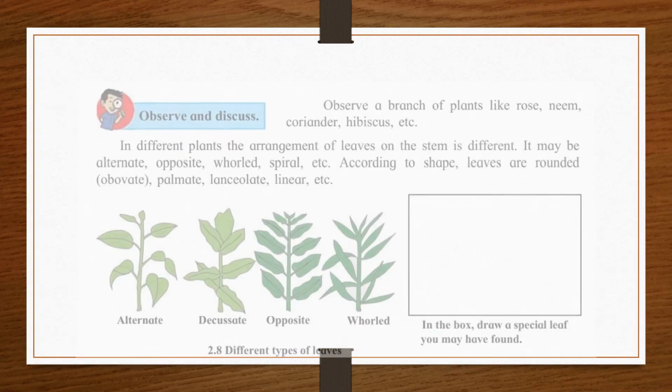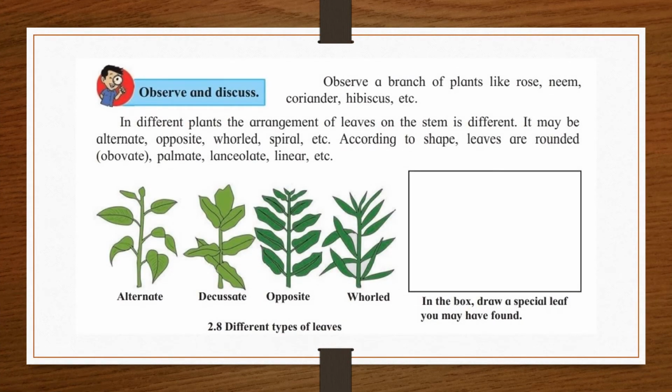Students, on the basis of the arrangement of the leaves on the nodes of the stem, leaves are of different types. When a single leaf is attached to the node, we see only a single leaf on the node. Such an arrangement on the stem is called alternate arrangement of the leaves.